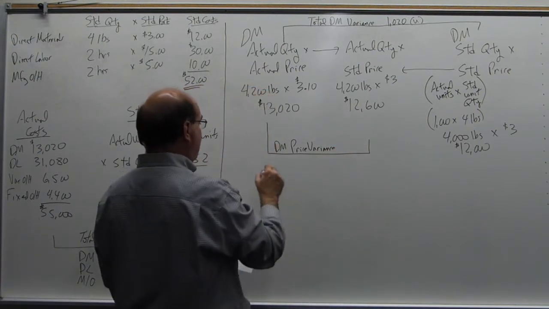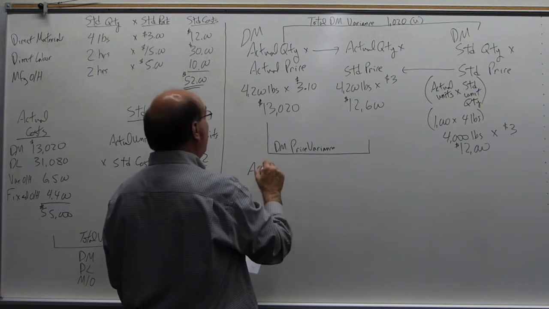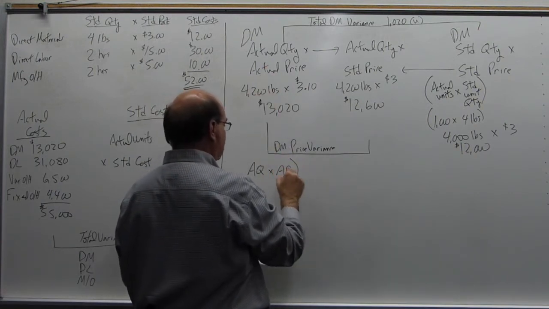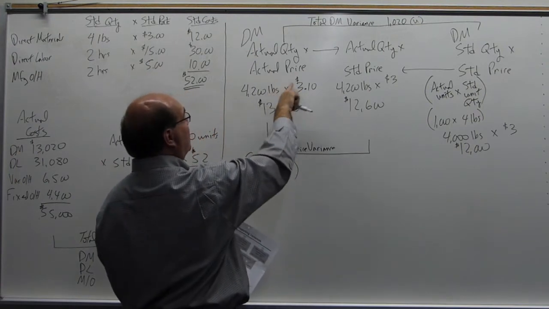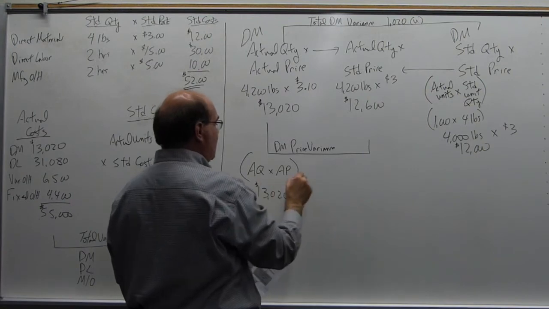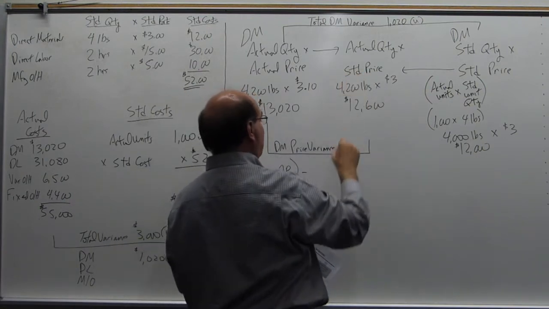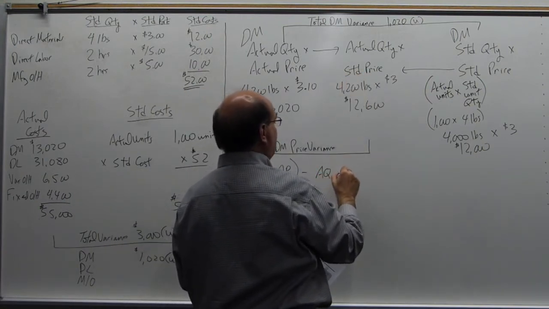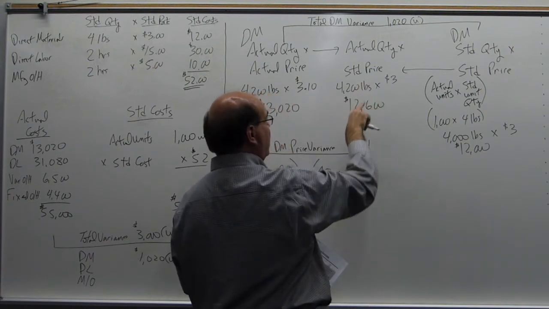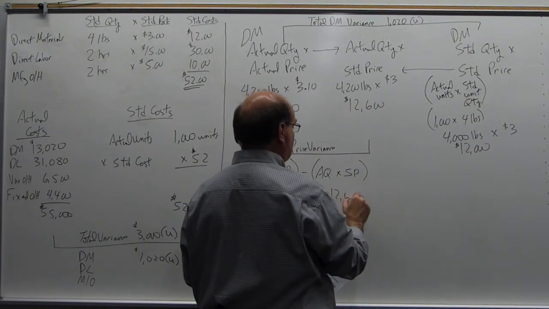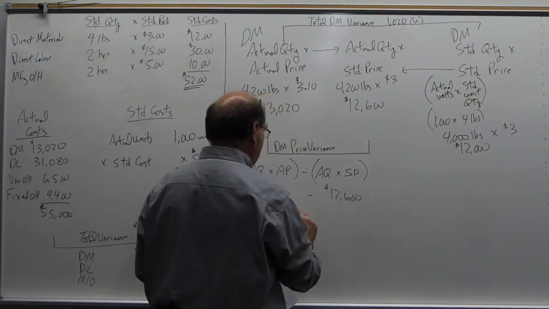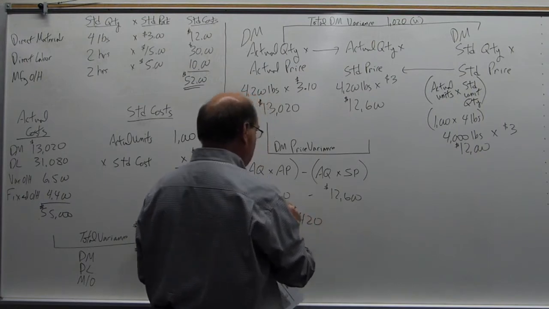Well, it's my actual quantity times my actual price, which is the 13,020, minus my actual quantity times my standard price, which, if I multiplied that out like I did up here, is 12,600. And the difference between those is $420.